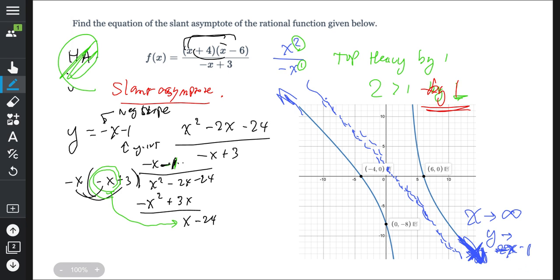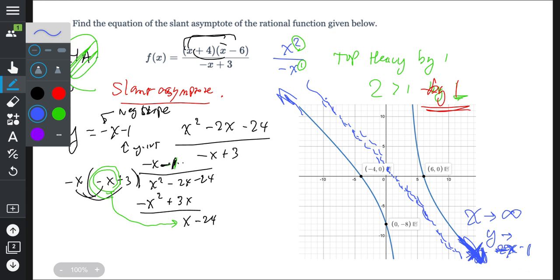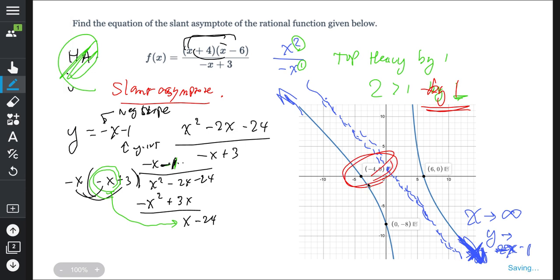And by the way, if you can see here, we have an x-intercept at negative 4. This is just a side note, that comes from this term in the numerator. We have an x-intercept at 6. That comes from this.